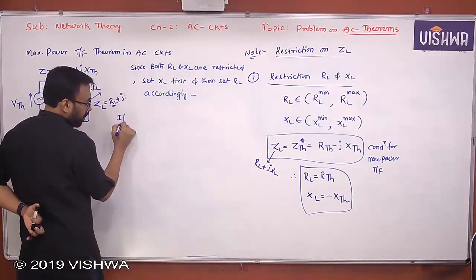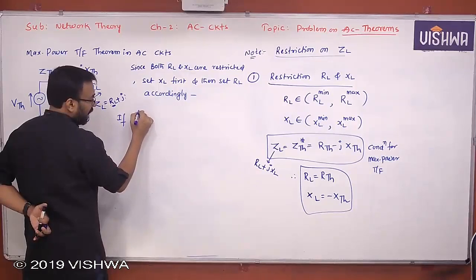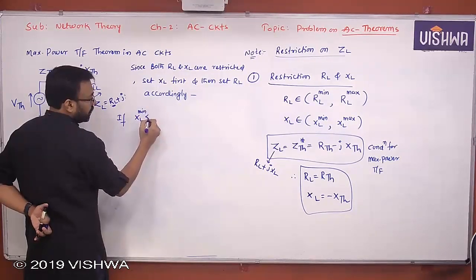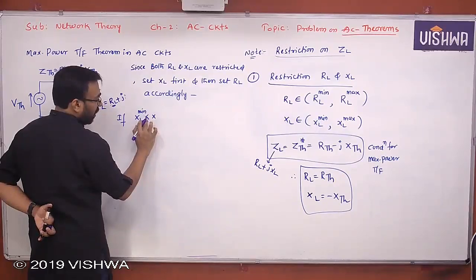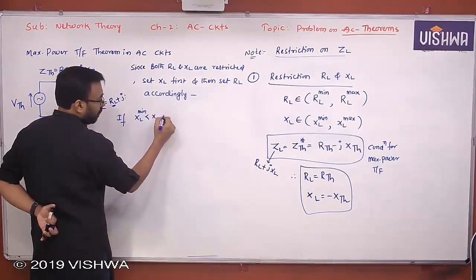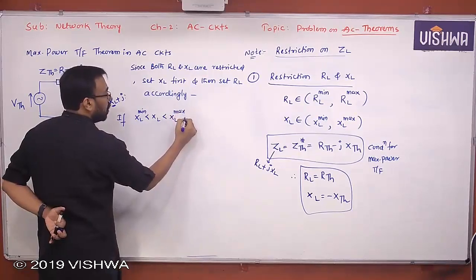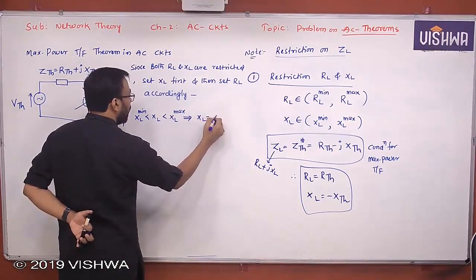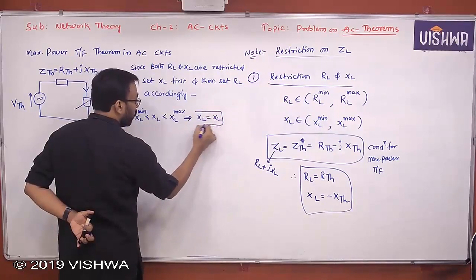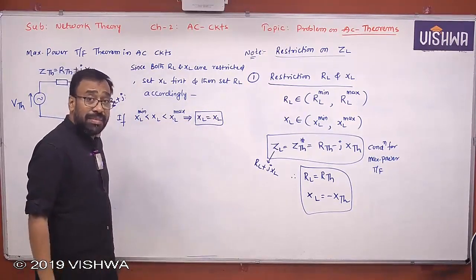If XL is between XL minimum and XL maximum, no doubt, XL will remain XL only, because there is no need to vary that; it is already variable between XL min and XL max.